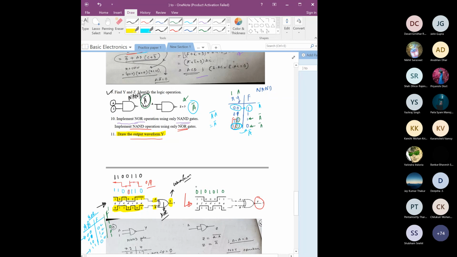So you can still draw the waveform, right? It is 0, okay, then it is 1, then it is 0, then it is 1, then it is 0, then it is 1, then it is 0. Right. While you are drawing this waveform, please draw it with the same time period. Here I have drawn it above, which is not correct actually. If you have to draw it correctly, it should be something like this.